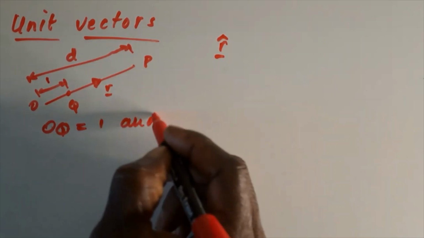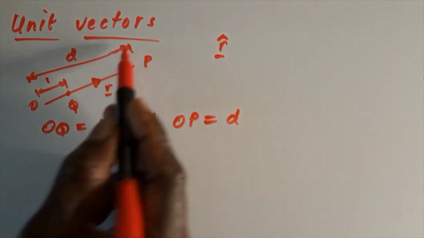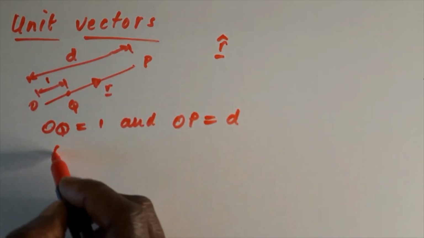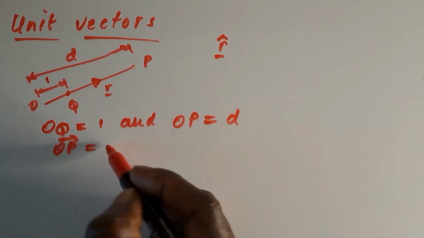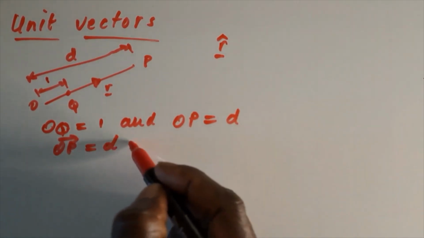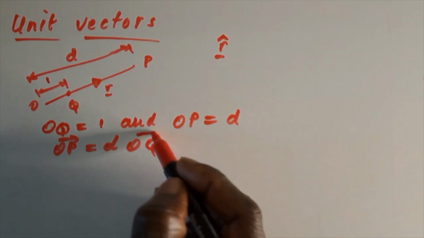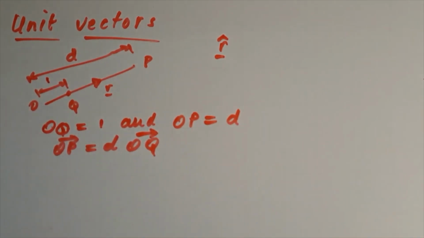And if we have that OP is a distance D, the whole length of the line is D, then the vector OP is equal to the scalar D multiplied by OQ.